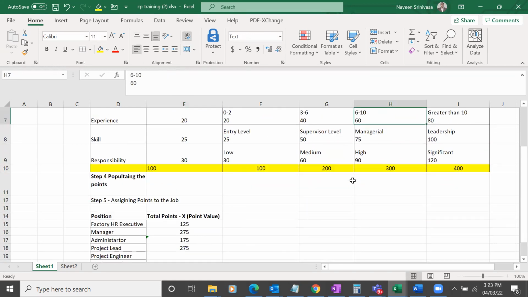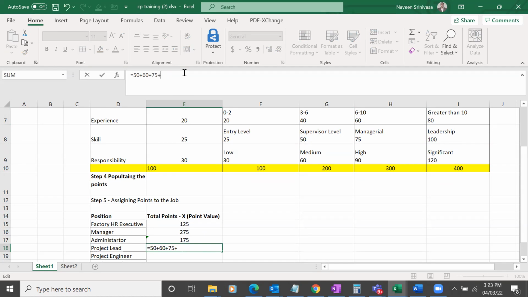So 60 is correct. This one, 75, we have to keep at 50, or how is it? Responsibility medium or high? Medium. It changed to 60 instead of 90.